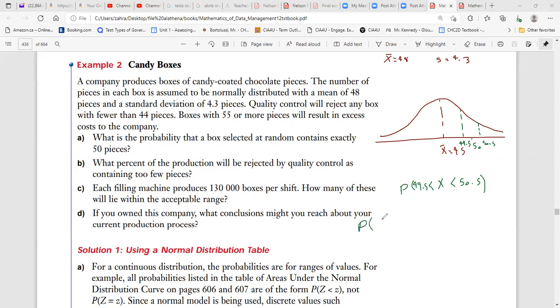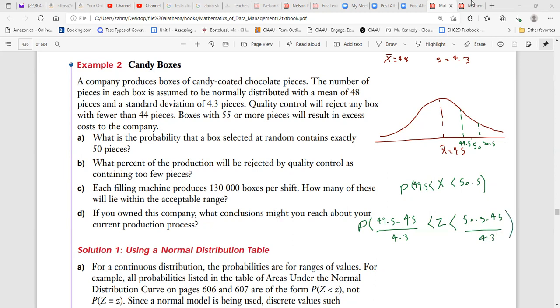So the z-score is going to be x minus x bar. So it's 49.5 minus 48, divided by the standard deviation, which is 4.3. So now I convert it to z and put the z in the middle. And here is 50.5 minus 48, divided by 4.3.